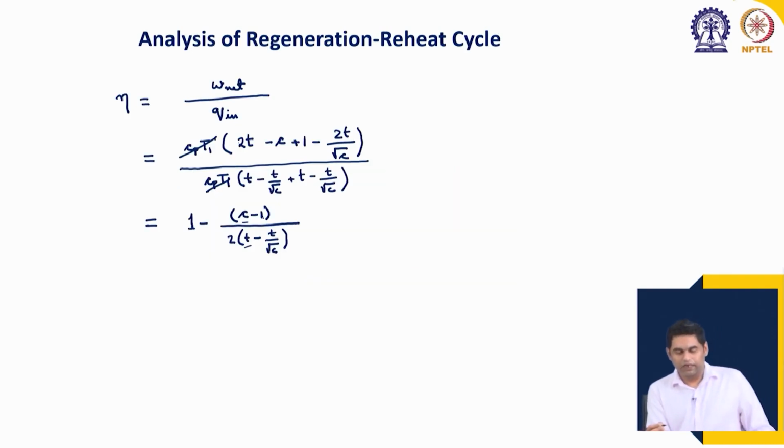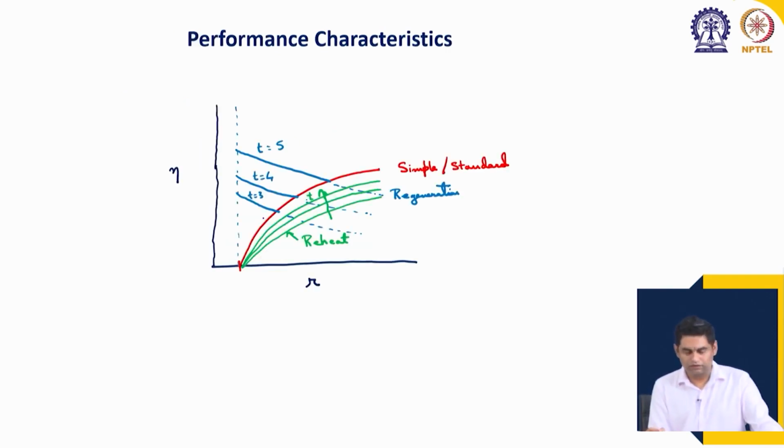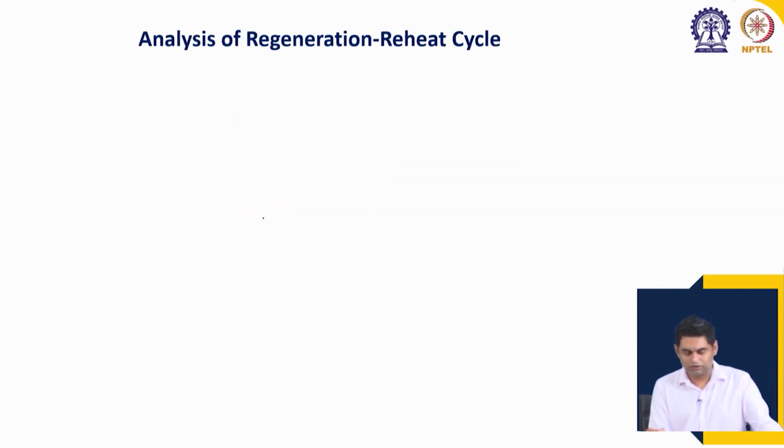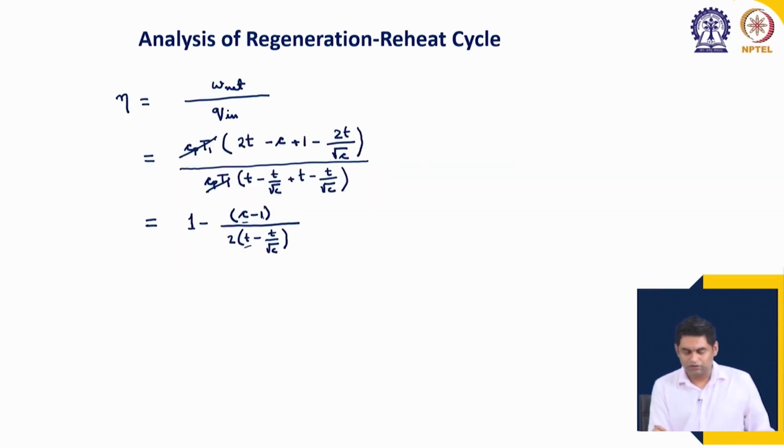Okay. So, what is the value at C equal to 1 or R equal to 1? It goes to 1. Okay. C equal to 1, and then T, let us say T is equal to 5. So, there is some numerator value, denominator value, numerator is 1.